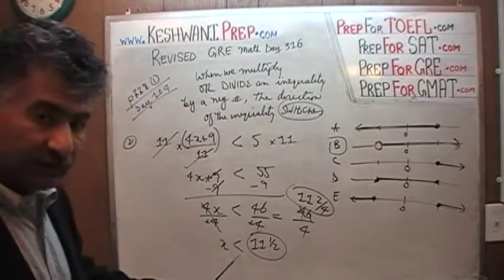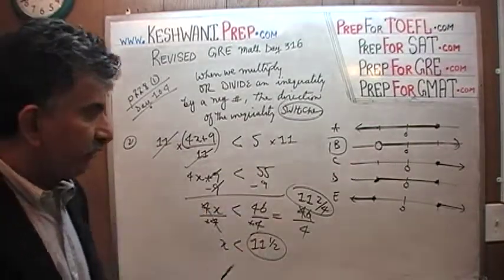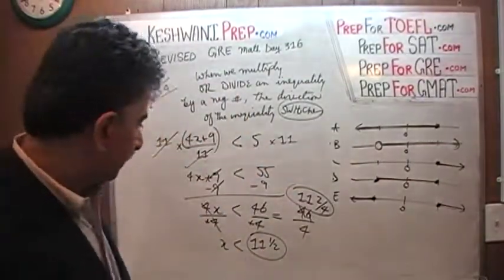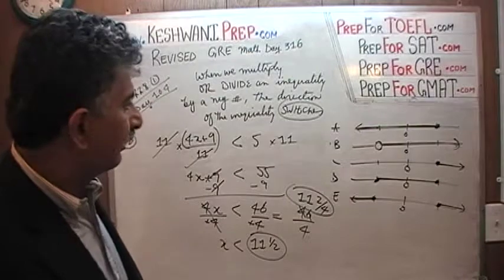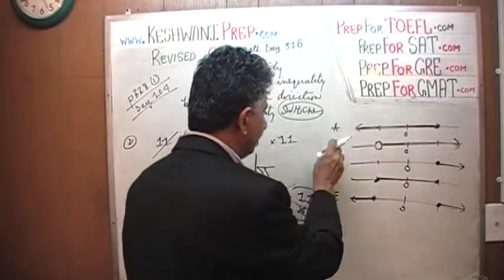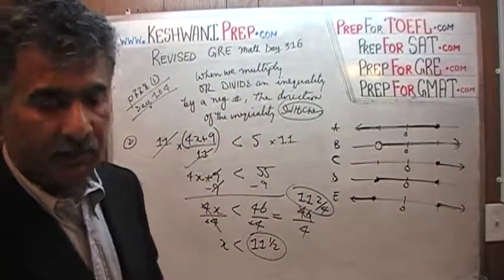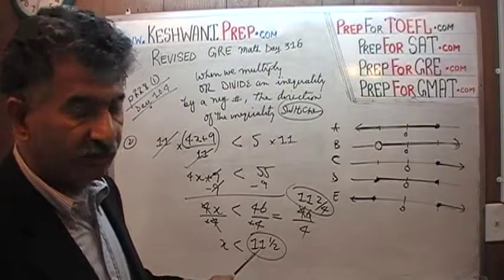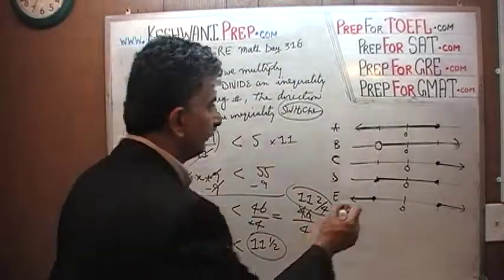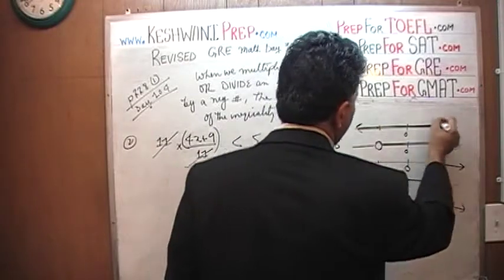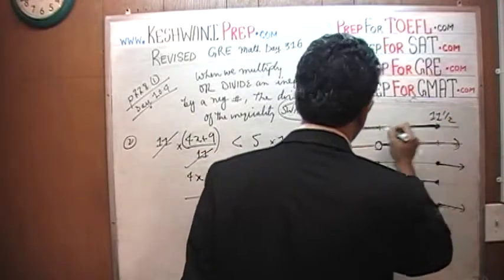Not less than or equal to, but less than. Which of these answer choices will qualify here? X is less than 11 and a half. Where can we find something like that? x is less than 11.5. Which of these 5 scenarios would depict that situation where x is less than some positive number? It is right here: any value which is less than this number, which happens to be 11.5.